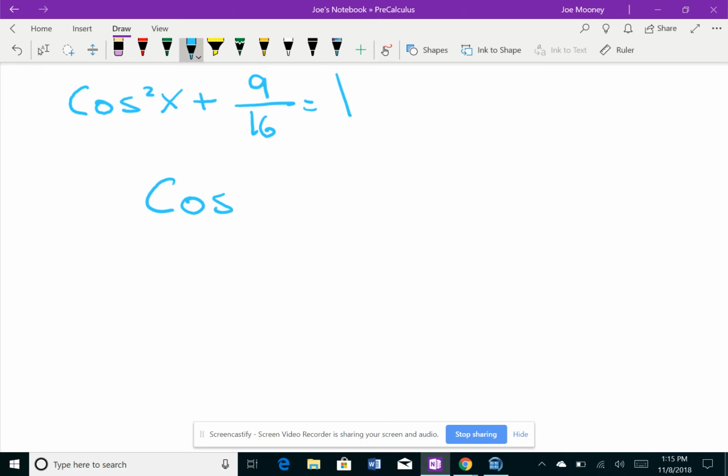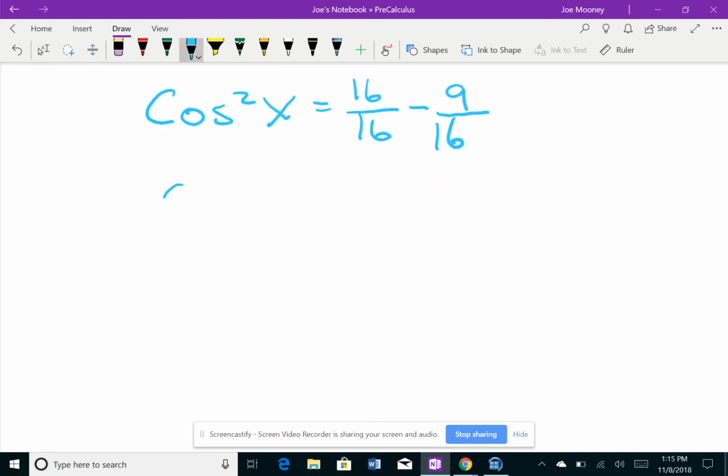Then cosine squared of x is equal to 1 minus 9/16, the same as 16/16 minus 9/16. So cosine squared of x is equal to 7/16.